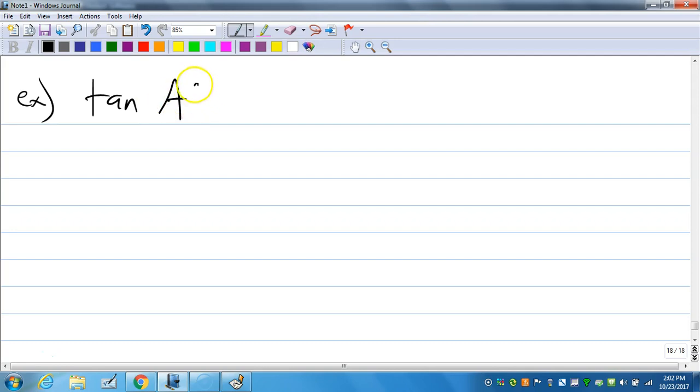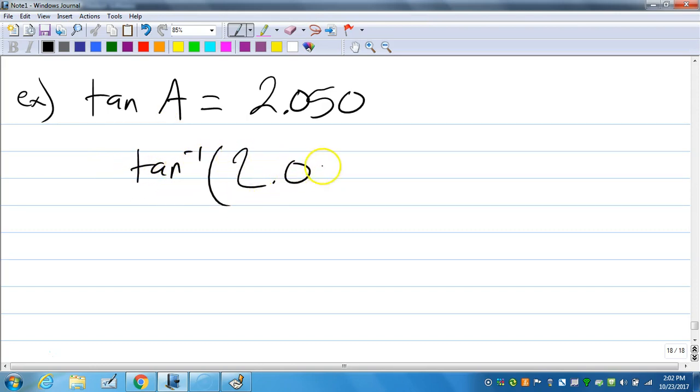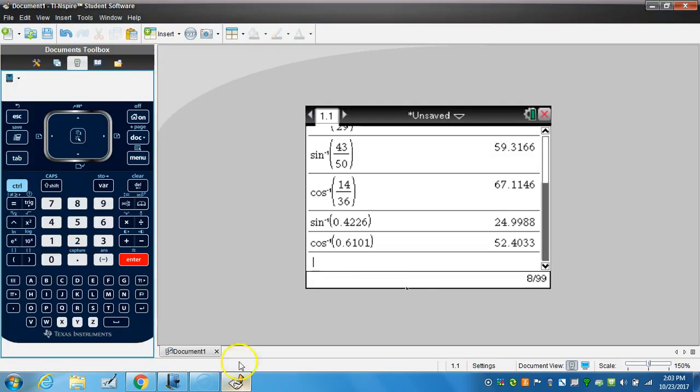The tangent of angle A is equal to 2.503. Oh, messed up. Read the decimals right. 2.050. So we're trying to find the angle. So it'll be tan negative 1, 2.050, and that'll give us how many degrees angle A is.